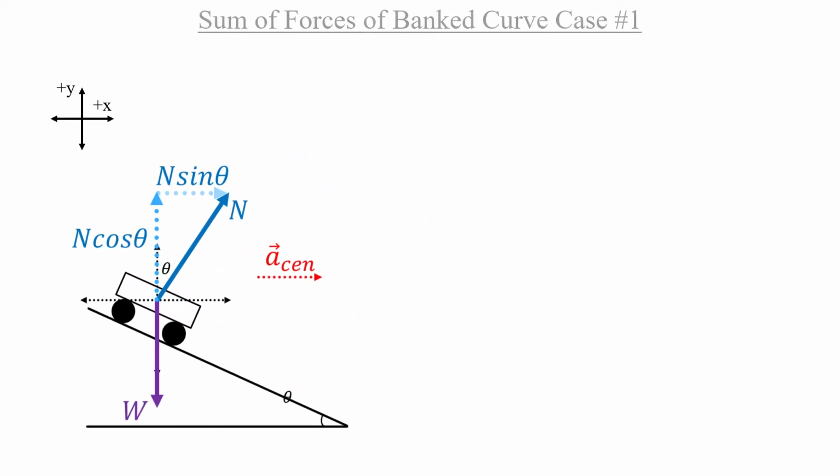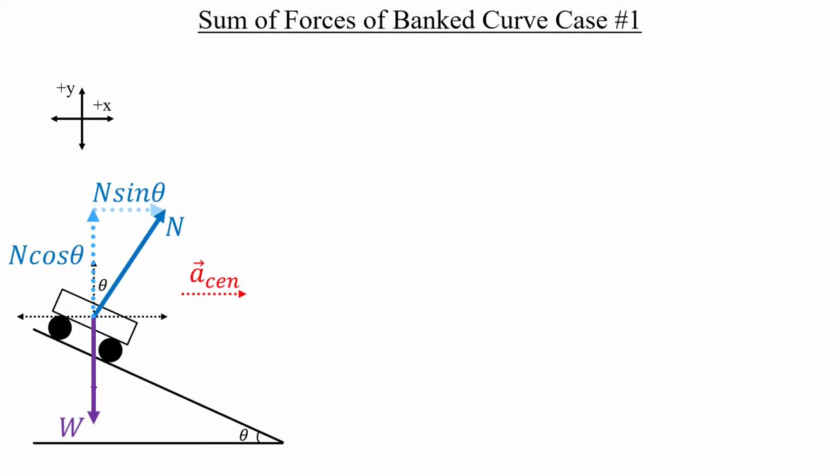So, like you have seen many times already, we start off at the top with our vector equation for F equals ma, and we split it off into chunks, starting with the sum of forces in the x direction. The only thing that points in the x direction is the sine component of that normal force, and that's equal to our ma portion here on the right hand side, where a is the centripetal acceleration.